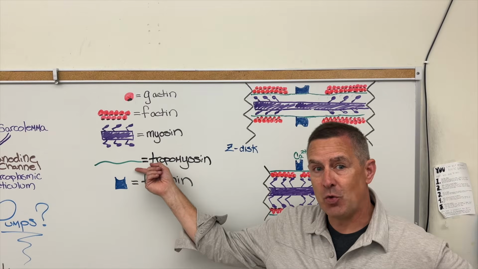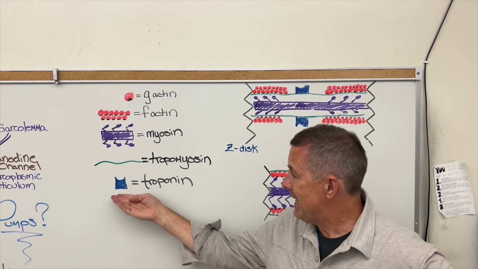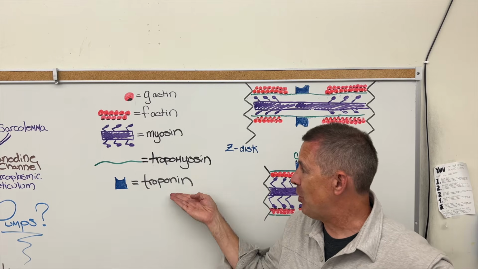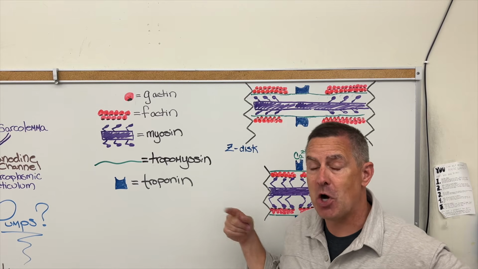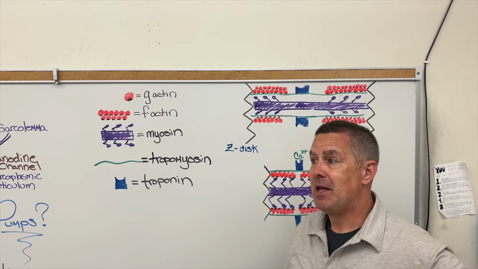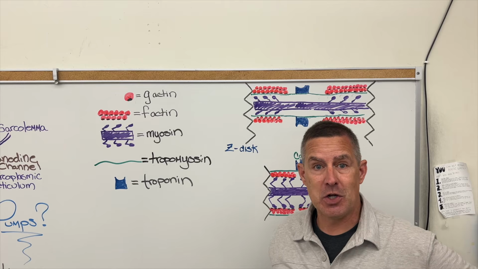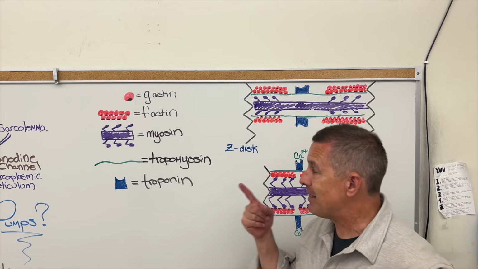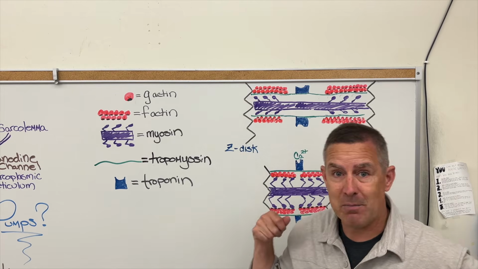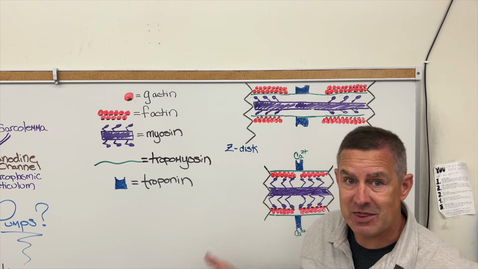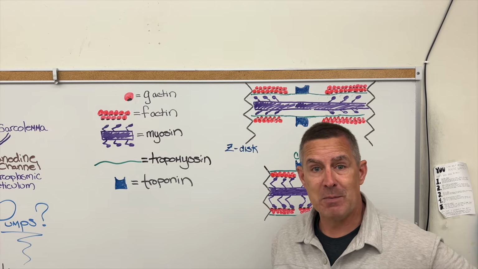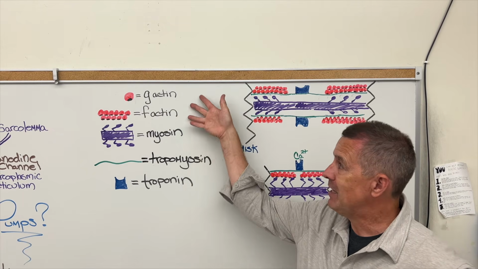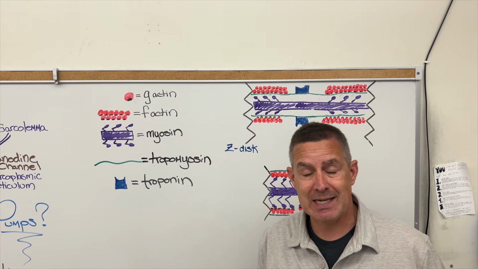This green line is representing tropomyosin, and this blue squarish looking thing is troponin. Tropomyosin and troponin are regulatory proteins. With their activity, they are going to determine whether or not the shortening of the muscle fibers can happen. To be clear, the contractile muscle fibers are the thick filament and thin filament. Thick is composed of myosin molecules, thin filaments composed of G-actin and F-actin.